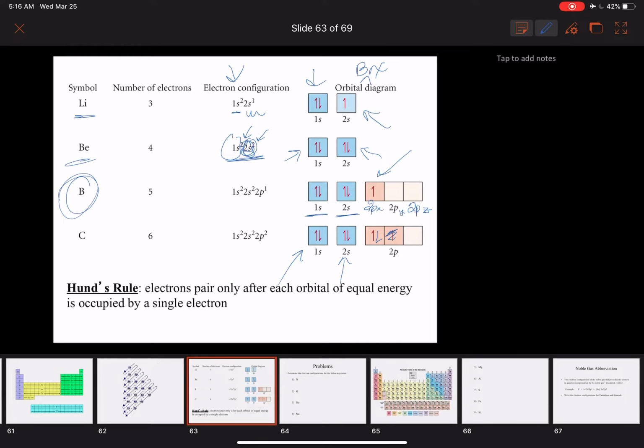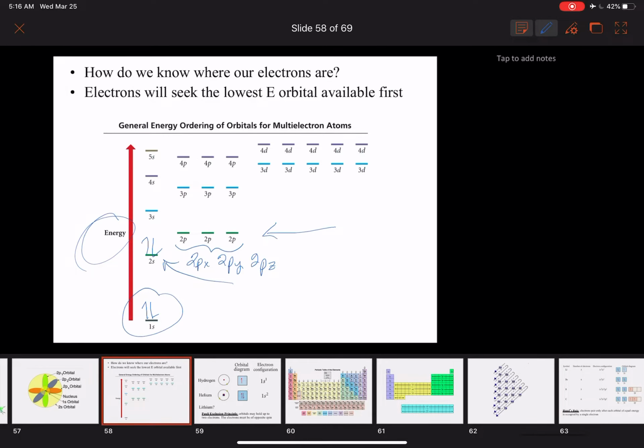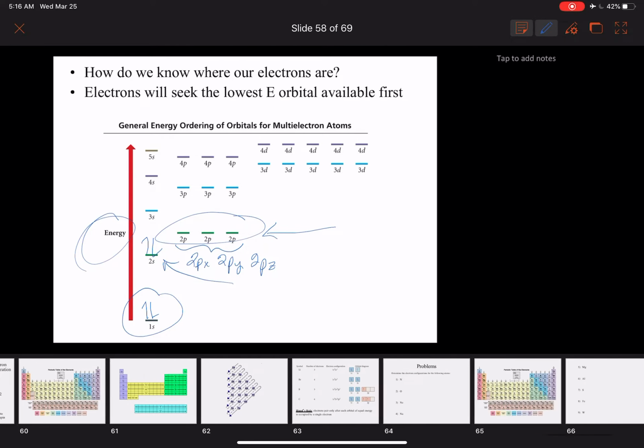But Hund's rule says that electrons pair only after each orbital of equal energy is occupied by a single electron. Now what we're talking about there is that those 3 2p orbitals right there all sit at the same energy level, and we can see that right there. And like I said, they're triplets.